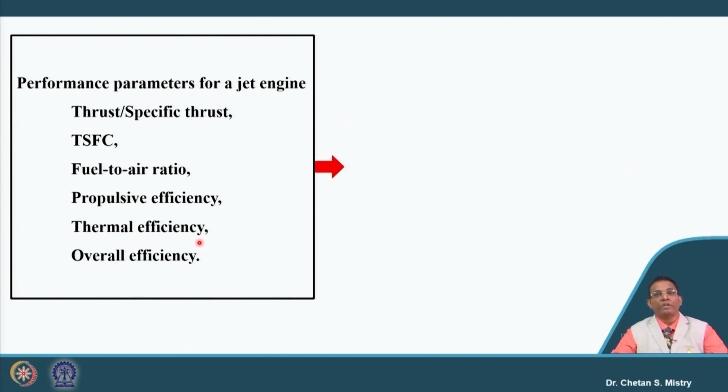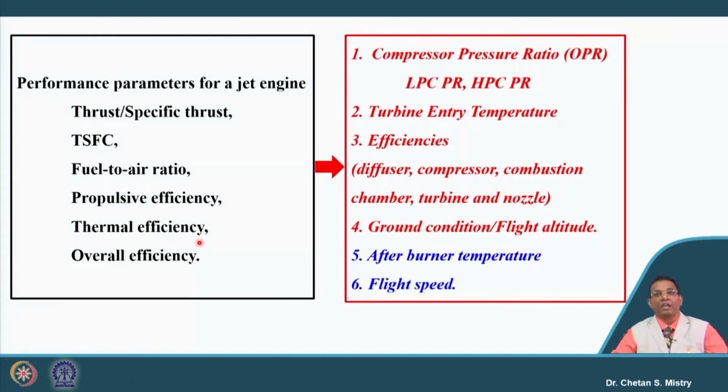We have cycle parameters like the compression pressure ratio, or overall pressure ratio, which is a combination of LP compressor pressure ratio and HP compressor pressure ratio, since we are discussing the two spool configuration. Then the effect of turbine entry temperature and the efficiency of different components.